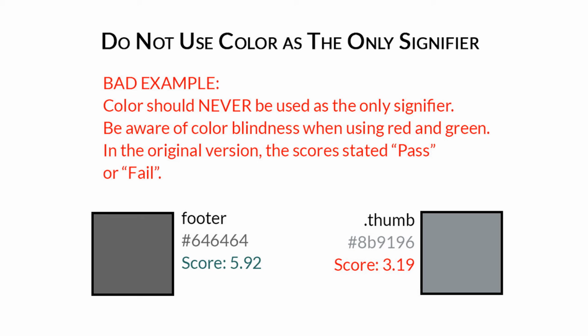I have left off the words pass and fail. So this is a bad example. Color should never be used as the only signifier. Be aware of color blindness when using red and green. In the original versions, the score stated pass or fail.